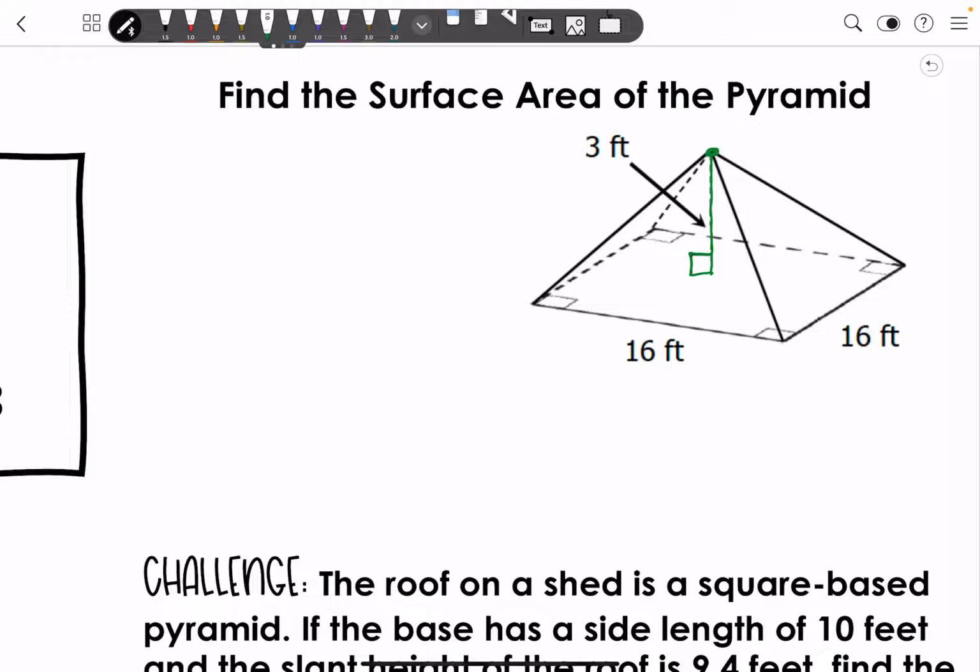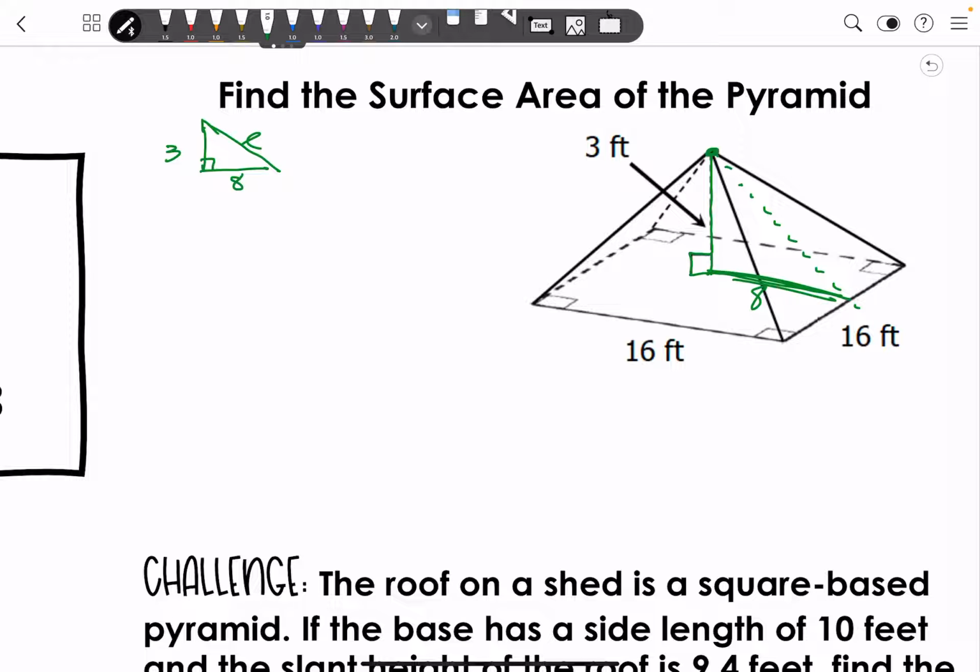And if it's perpendicular, we can also draw this out right here. That's going to be 8 because it's in the center, so 8 and 8. And then you can use Pythagorean theorem to find that hypotenuse of that triangle. So if you need to draw it out to the side, you definitely can.